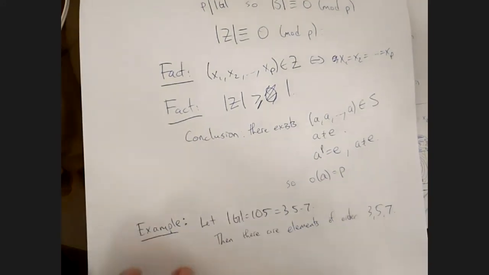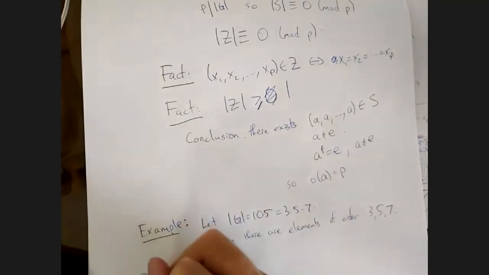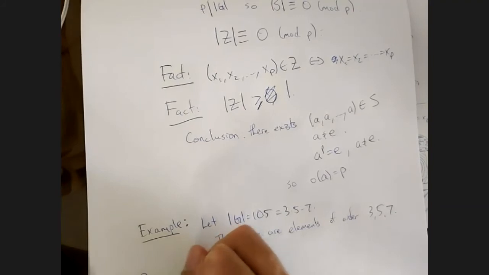Okay, so we can think of this as the base case of Sylow's first theorem. And we want to prove the theorem by induction, so that becomes this next proposition.